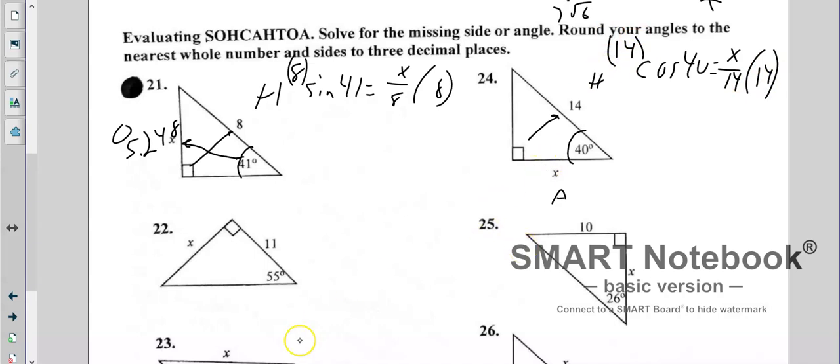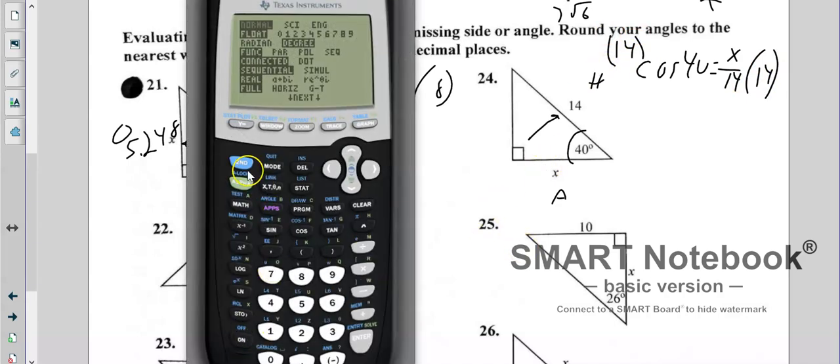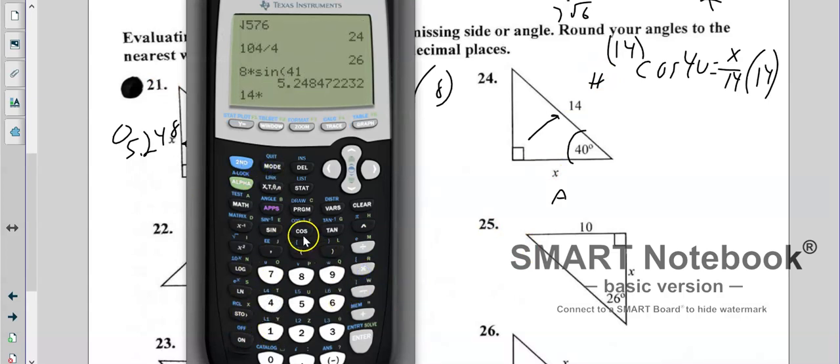So you take your calculator and do 14 times cosine of 40. 10.7246. The 6 makes the 4 round up. So 10.725.